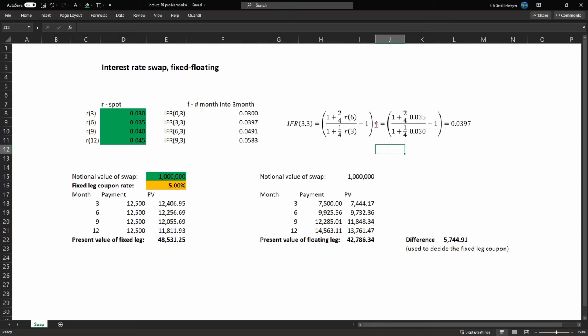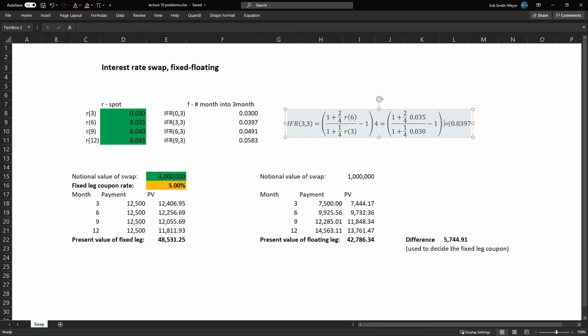So if we put in some numbers, then we take the 6-month spot rate times 2/4 to get the 6-month discount factor, divided by the 3-month spot rate times 1/4 to get the 3-month discount factor, less 1.